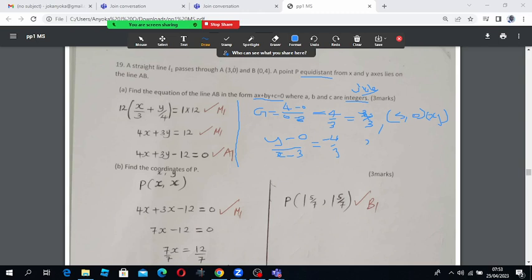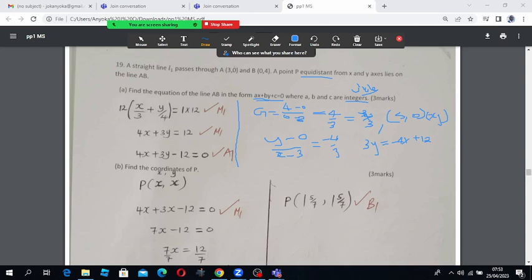Cross multiply: 3y is equal to, because y minus 0 is just y, negative 4x plus 12. Then arrange the equation to fit the form.